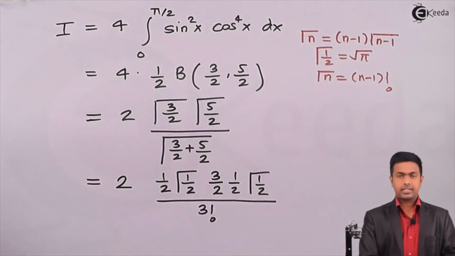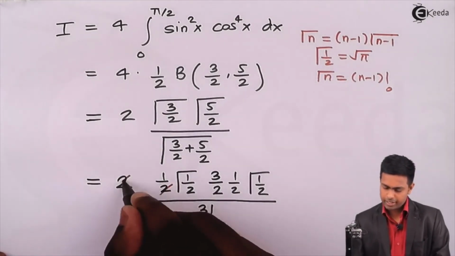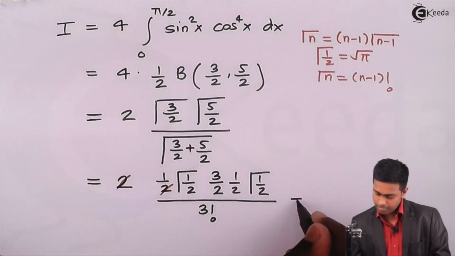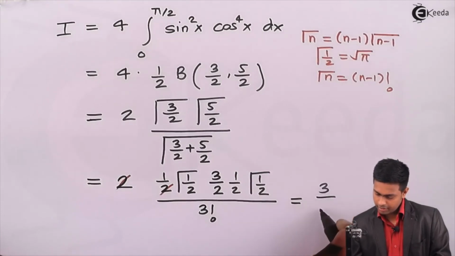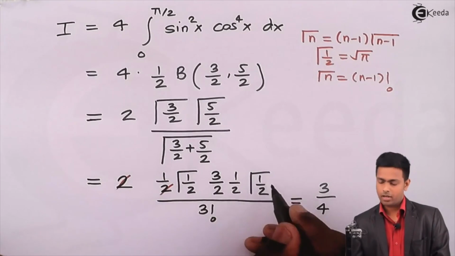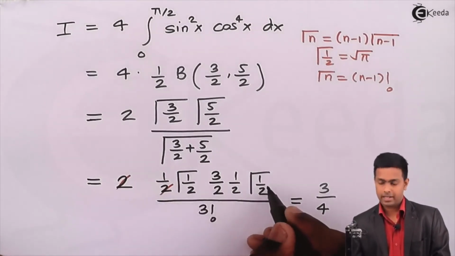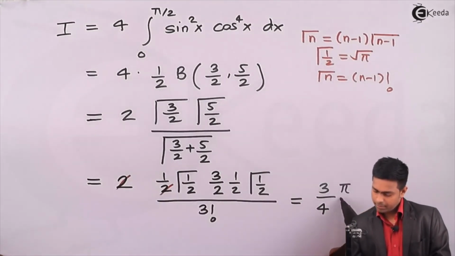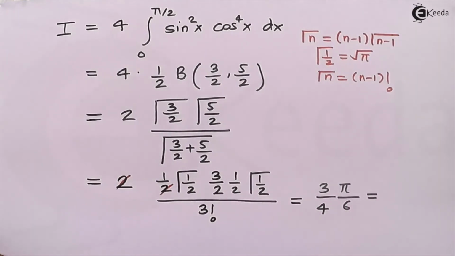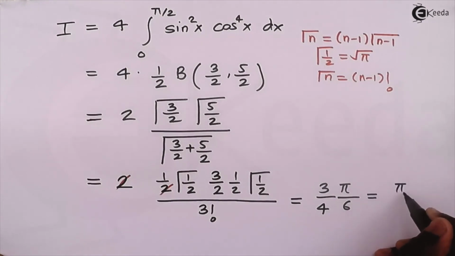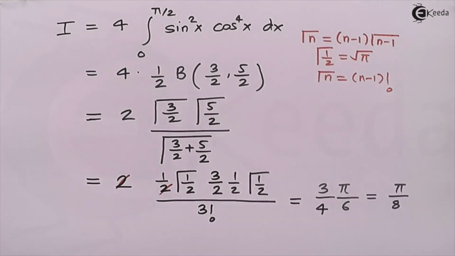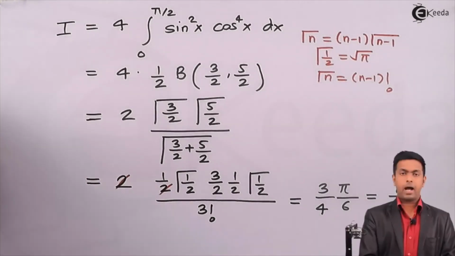Now guys, let's cancel the things. So 2 and 2 will be cancelled. Here next I'll say it is equal to 3 by 4, 2 2s are 4. Then gamma half is root pi into root pi, that is pi, by this is 3 factorial, that is 6. And if we solve this, then we will get pi by 8. So guys, the value of integration is pi by 8.